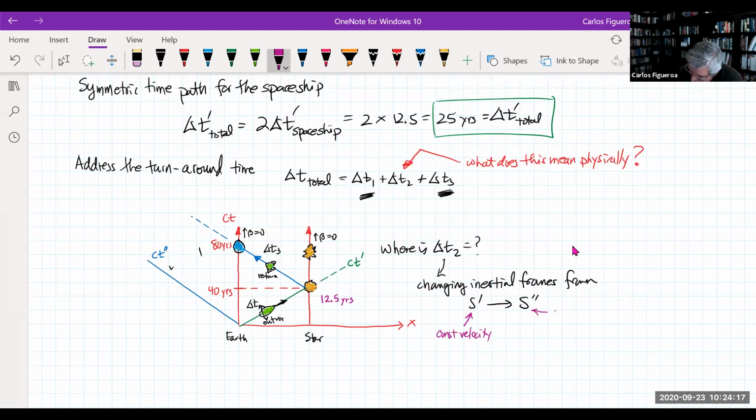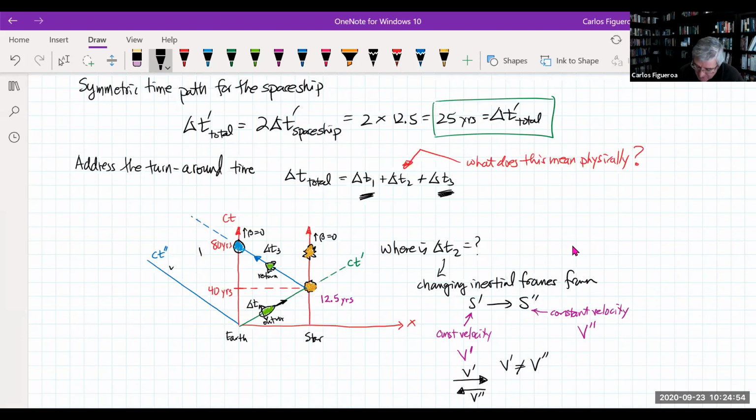This guy is at constant velocity. So if I was to write this out, I would call this V prime, and I would call this V double prime. And V prime is not the same as V double prime, because even though they have the same speed, they have opposite directions.